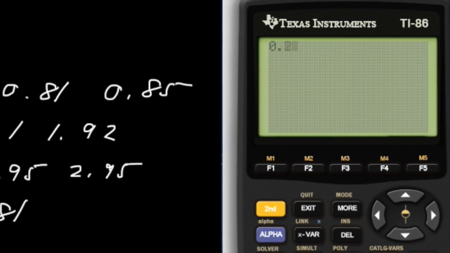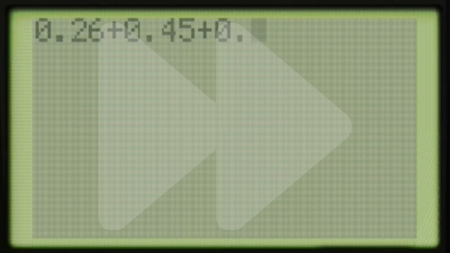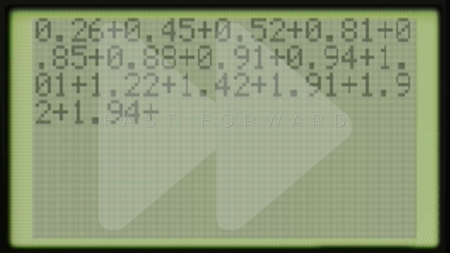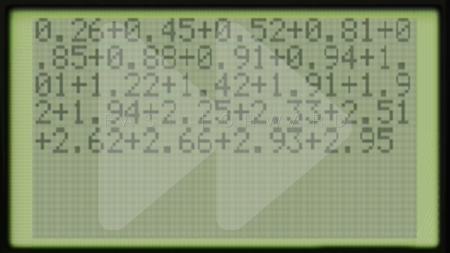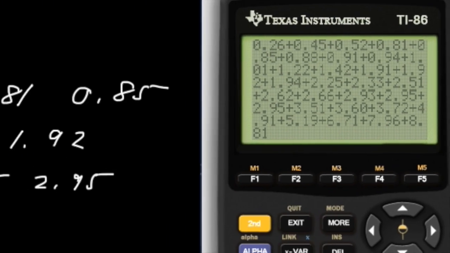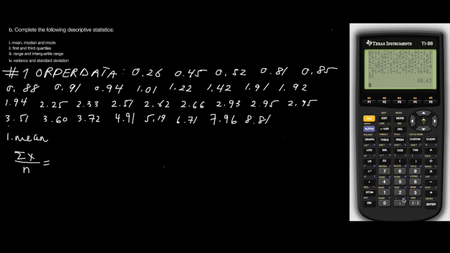So 0.26 plus 0.45. All right, so let's see what this gives us. A total of 80.65. So let's go ahead and write that on our sheet. The sum of all our values is 80.65.